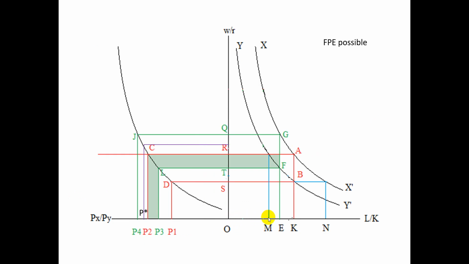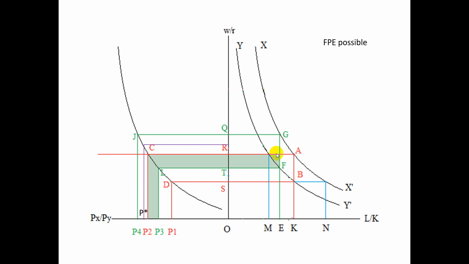So this OK is the labor capital ratio in country A. Similarly, it is the labor capital ratio in country B. So let us now, given this OK, find out the factor price range. So we just draw a line like AK. It cuts XX prime at point A and cuts YY prime at point B.